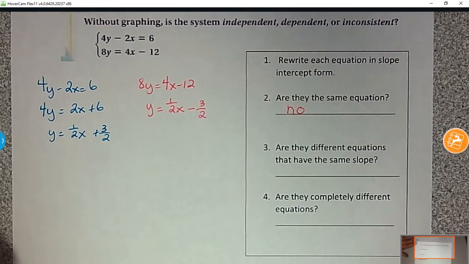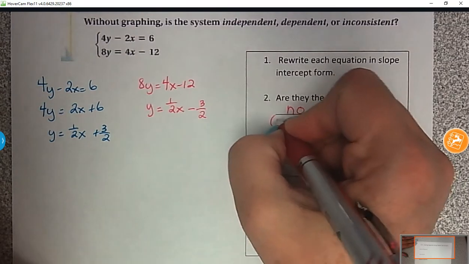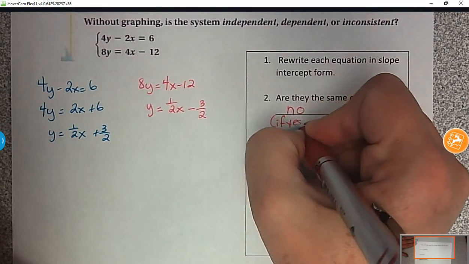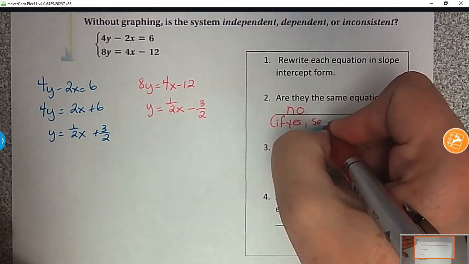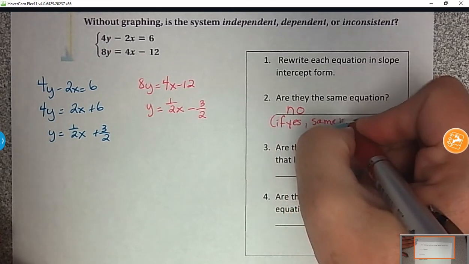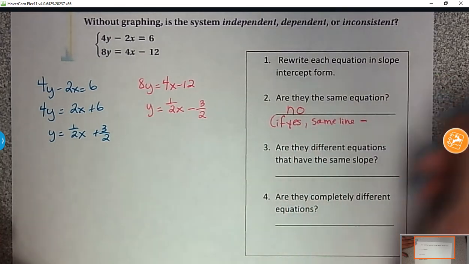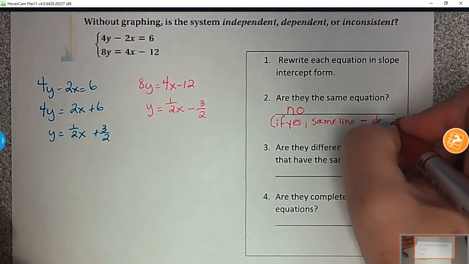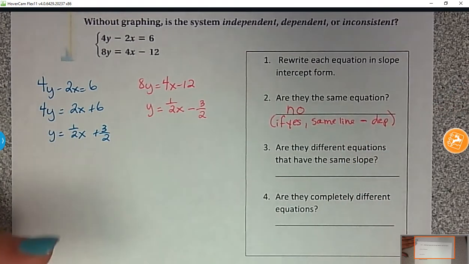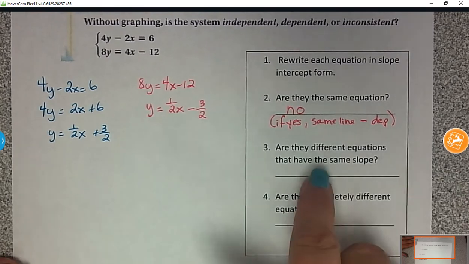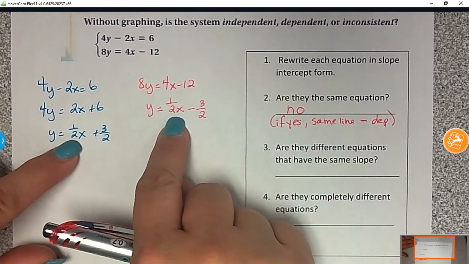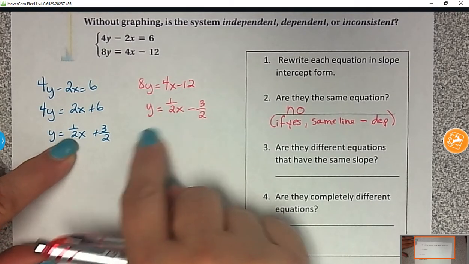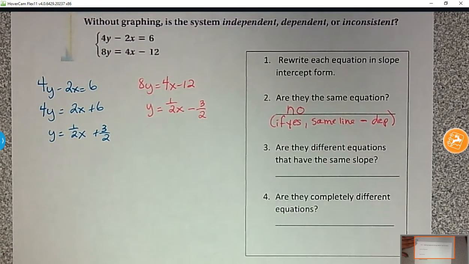Now, if that question was yes, then it's the same line, and it would have been consistent and dependent. Okay, but it's not, so we're going to keep moving. Are they different equations that have the same slope? So these two, yes, my slopes are the same, but the whole equation itself, they're not the same.